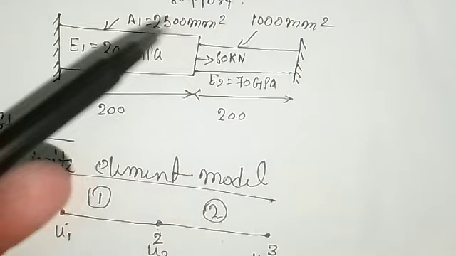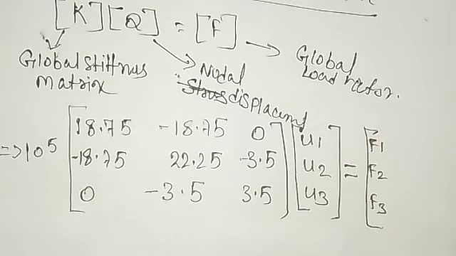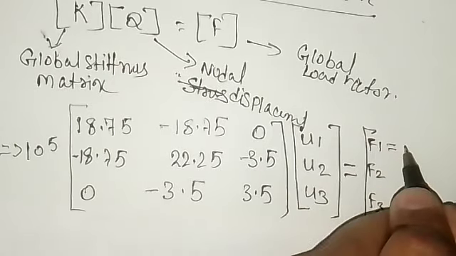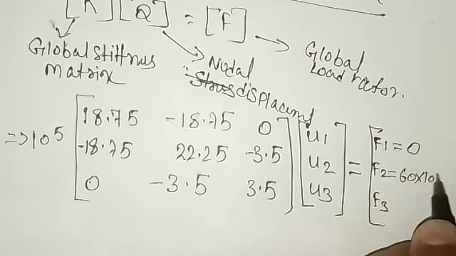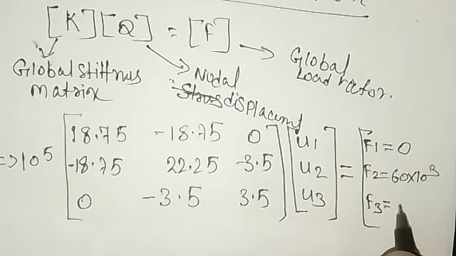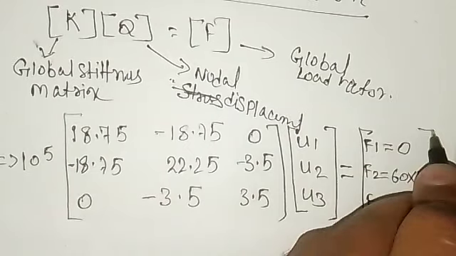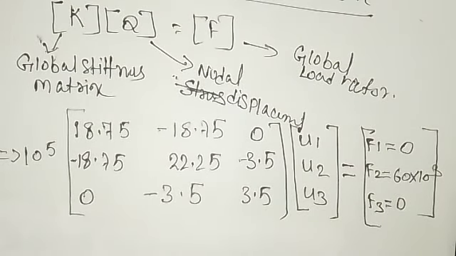At node 2 we will write down the 60 kilonewton. So F1 is equal to 0, F2 is equal to 60 into 10 to the power of 3, that is Newton. Kilonewton is there, so we have multiplied by 1000, and F3 is 0. This is your finite element equation.